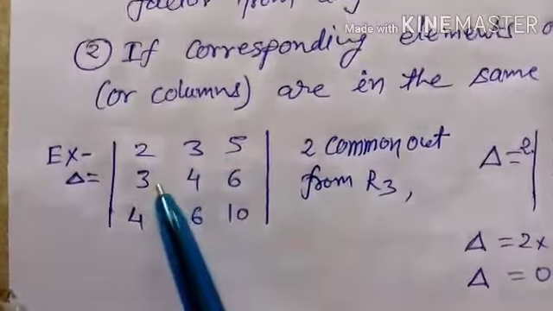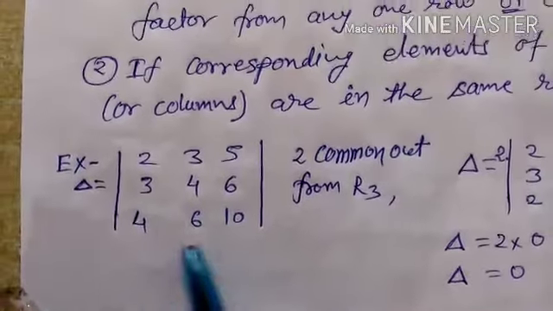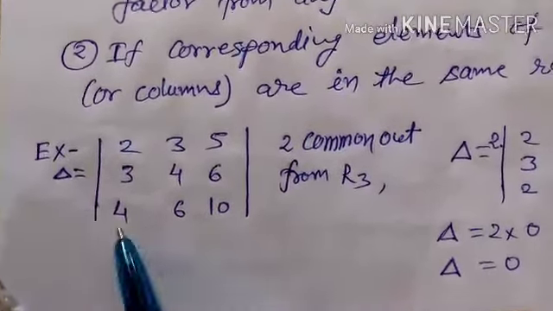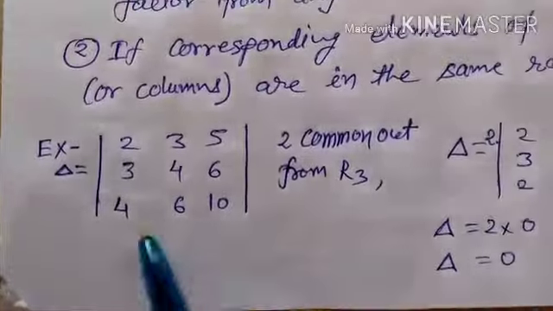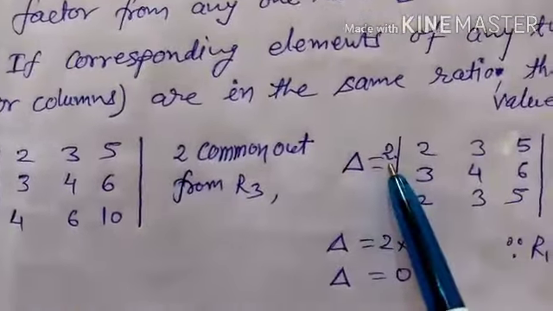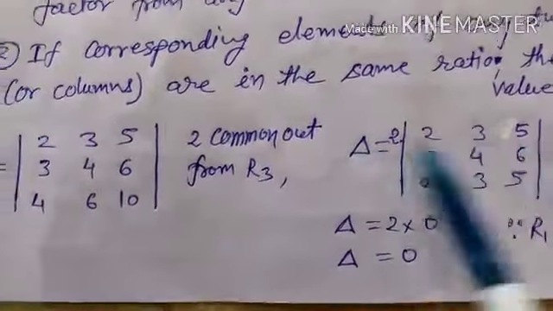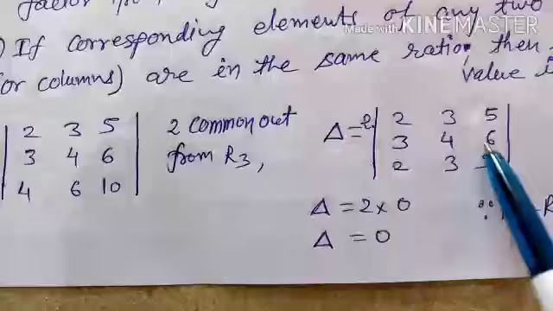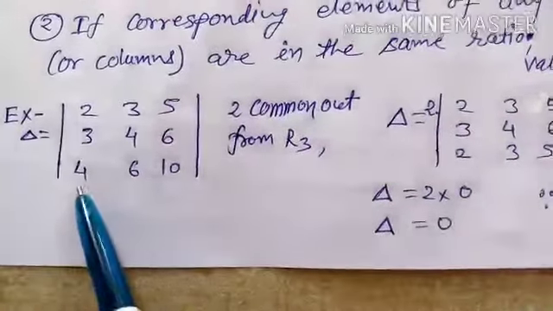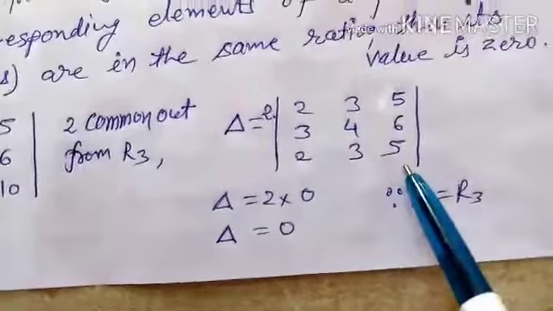2 3 5, 3 4 6 and 4 6 10. Here 2 is common from the third row, 4 6 and 10. So this is 2. The first two rows stay as they are, 2 3 5 and 3 4 6, and if 2 is common then the third row will be 2 3 and 5.